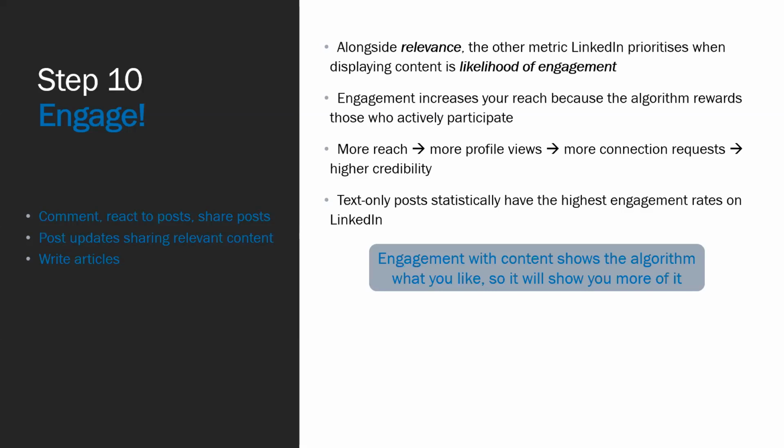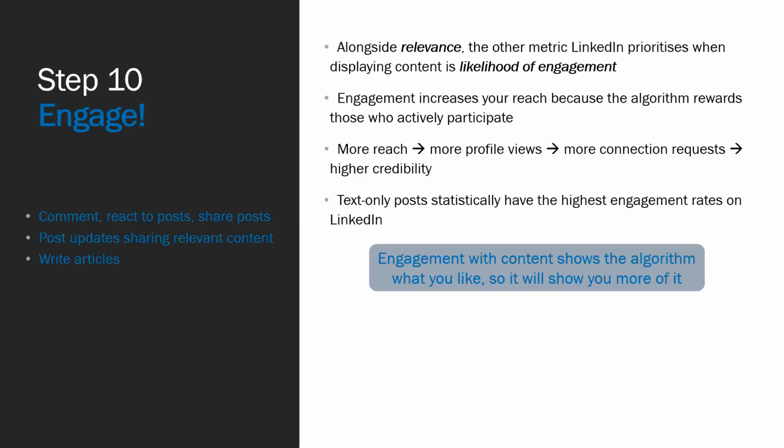And this doesn't have to be complicated. Don't think that, oh, you need to write articles, you need to get the perfect picture to post. This is not Instagram. You don't have to have a very insightful link. If you just want to share something short in text only, it's actually proven that text only posts statistically have the highest engagement rates on LinkedIn. So people like things that they can read very quickly and that they don't have to go off the platform.